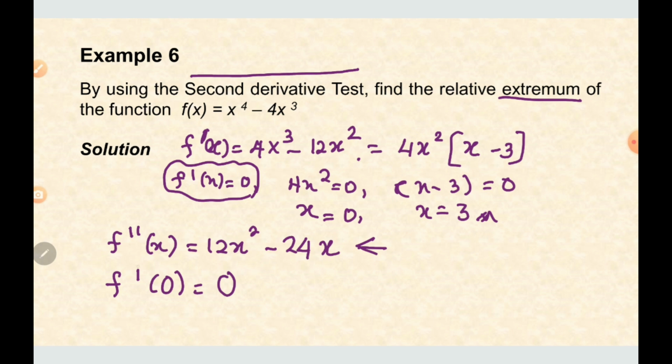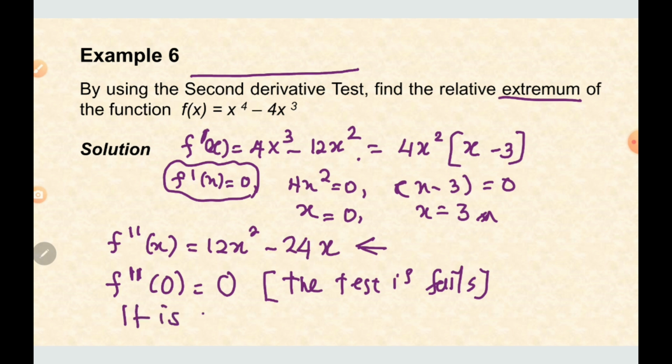So here f double prime x is equal to 0, we can see that the test failed, and it is inconclusive.